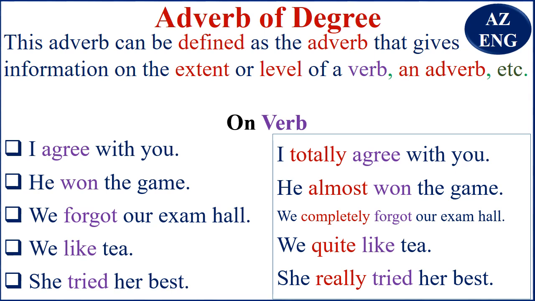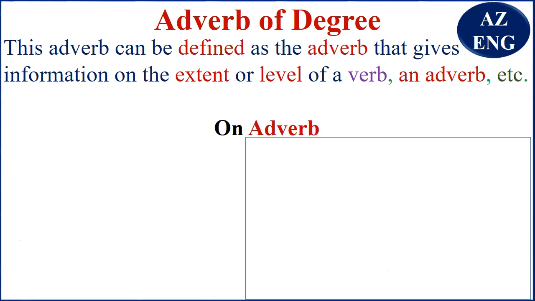So you see, totally modifies the verb agree, almost modifies the verb won, completely modifies the verb forgot, quite modifies the verb like, and really modifies the verb tried. Good.